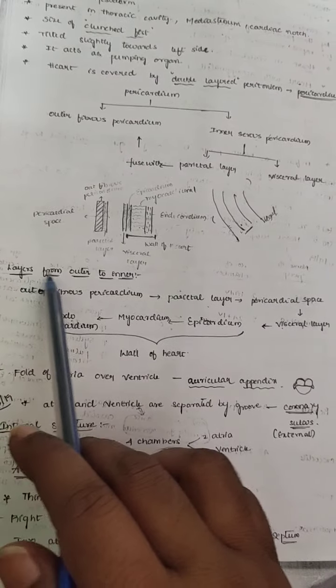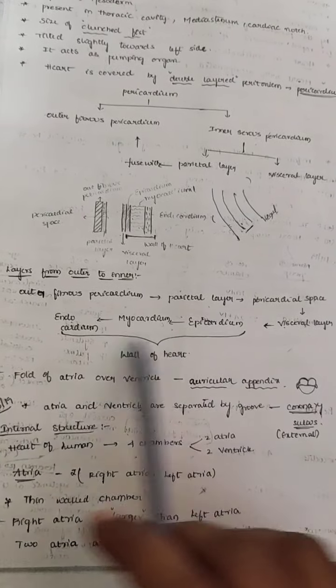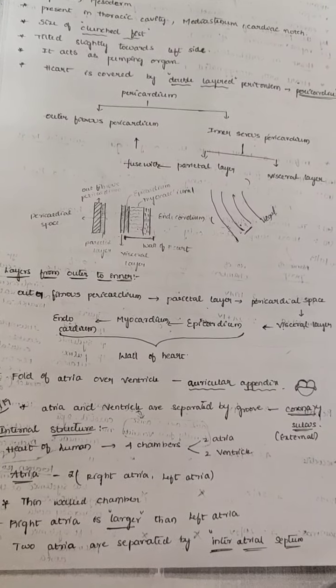These are the layers from outer to inner. These all indicate the walls of the heart.